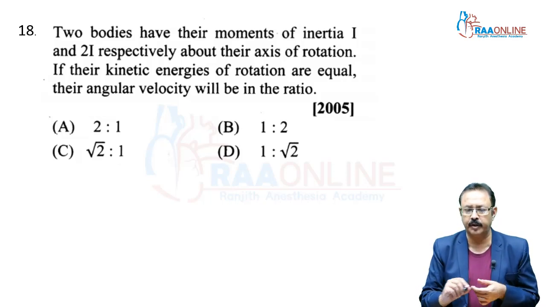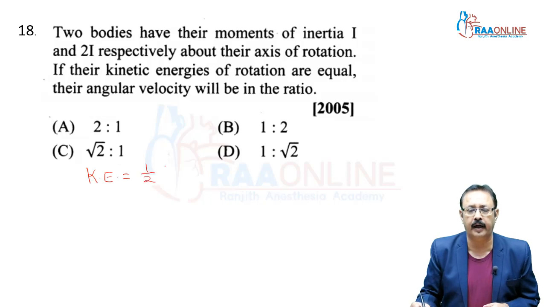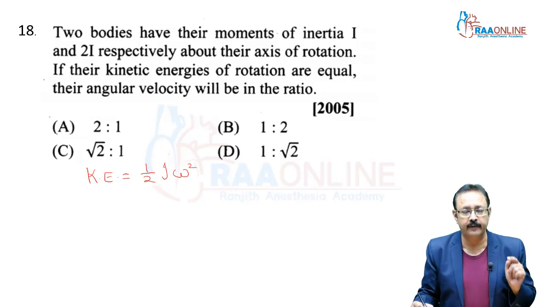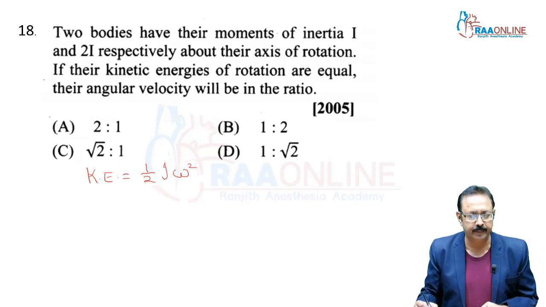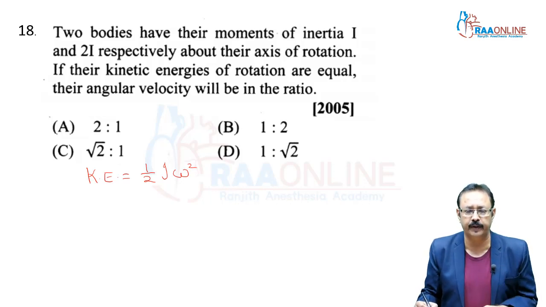In rotational motion, the kinetic energy formula is very simple: half m v square, where I plays the role of m. The role of v is given to omega in this chapter. So kinetic energy is half I omega square.